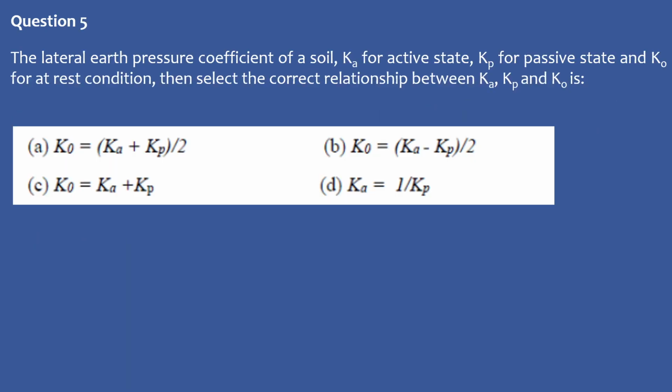Okay, then this is your question number 5. The lateral earth pressure coefficient Ka for the active state, Kp for the passive state, and K0 for the rest condition. Select the correct relationship.